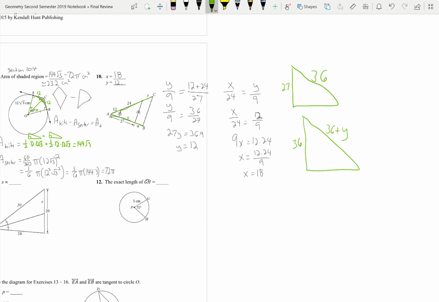Then all we have to do is set up a proportion, and you can also solve for y that way. So 27 divided by 36 equals 36 divided by 36 plus y, and you could solve it that way. So there's many different ways to do these problems.